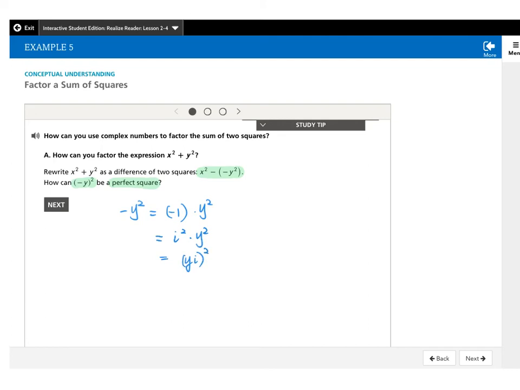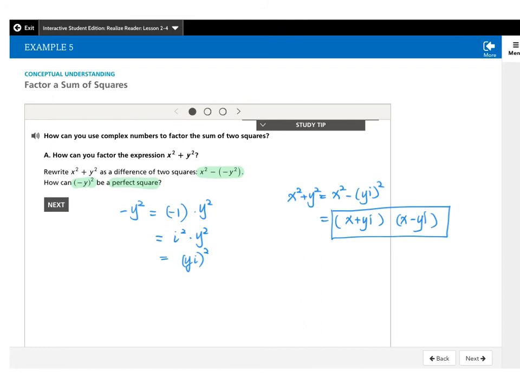Now if I put it into my original equation, I have x squared plus y squared equals x squared minus (yi) squared. So now the difference of squares is very easy to solve. It's x plus yi times x minus yi. And that's my two factors of the sum of squares.